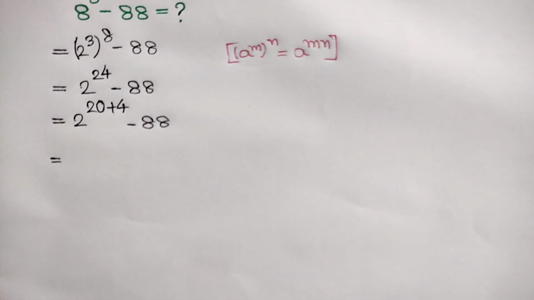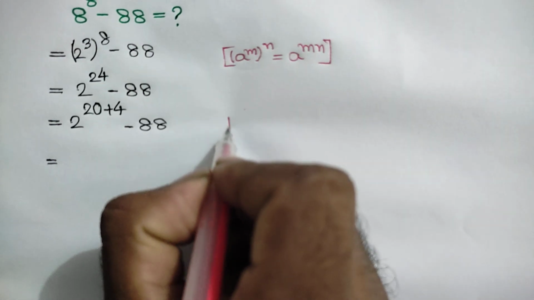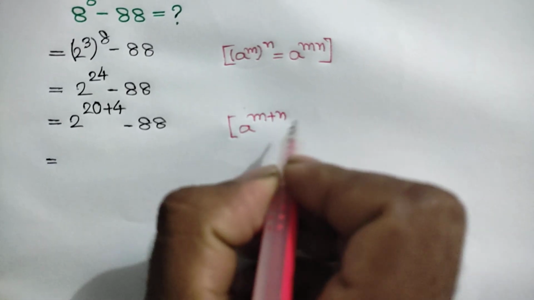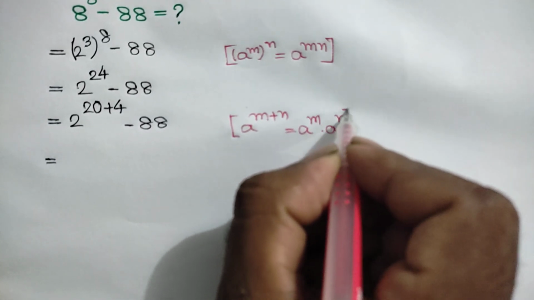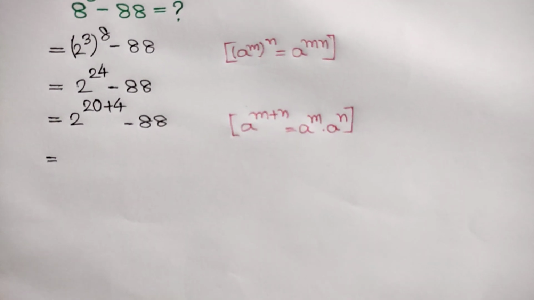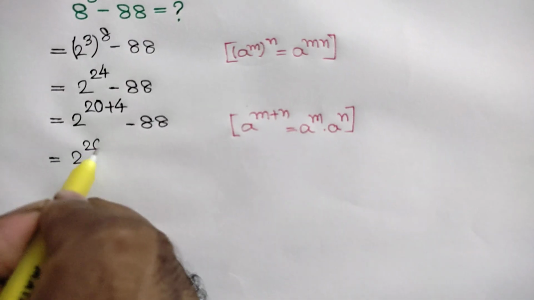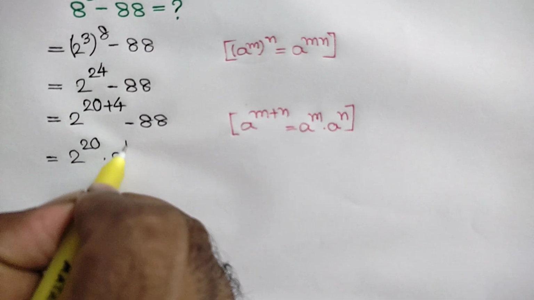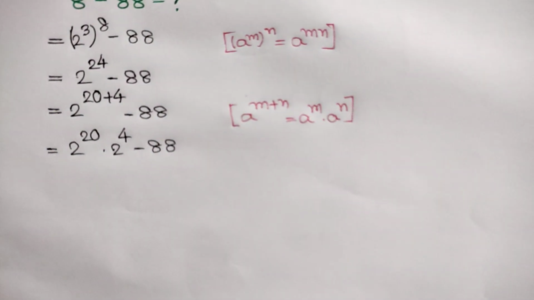Again, another exponential formula we know: a to the power m plus n is equal to a to the power m times a to the power n. Now apply this formula here. We can write 2 to the power 20 times 2 to the power 4, minus 88.